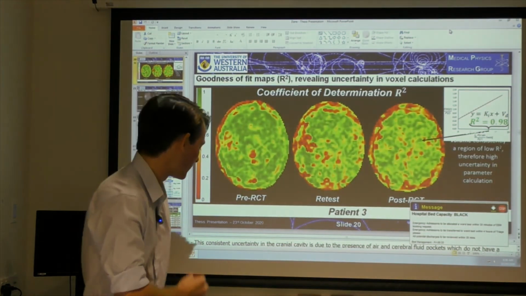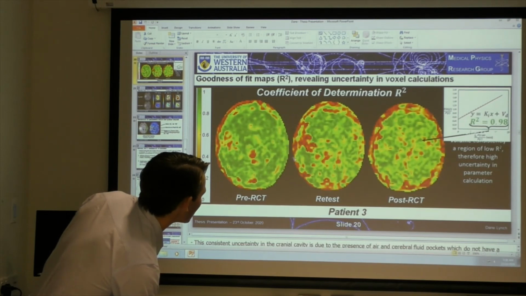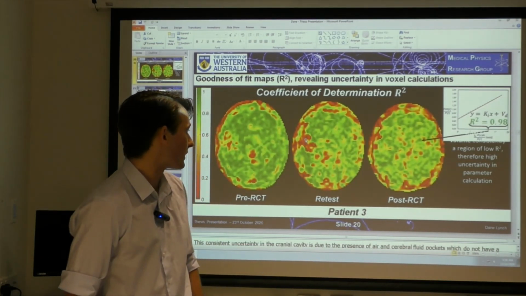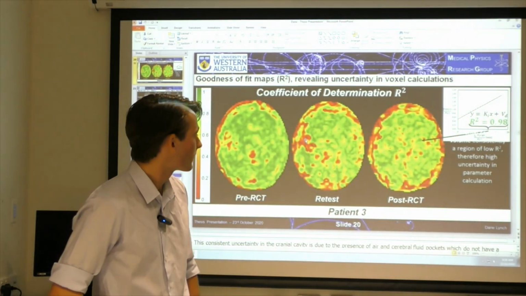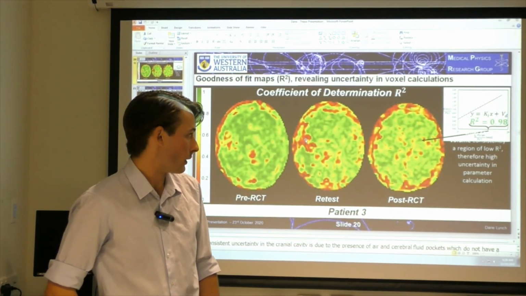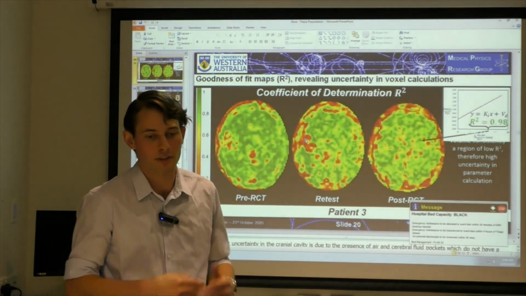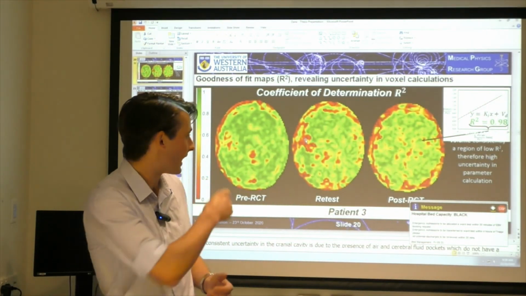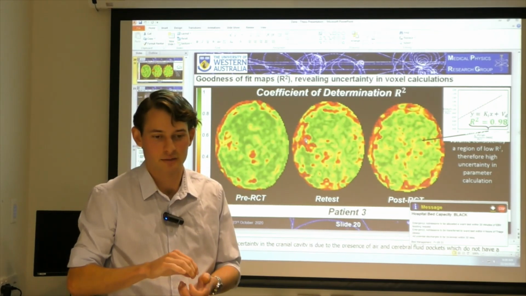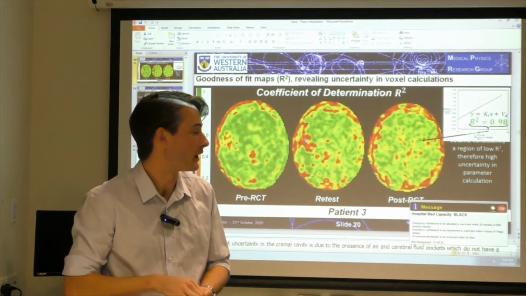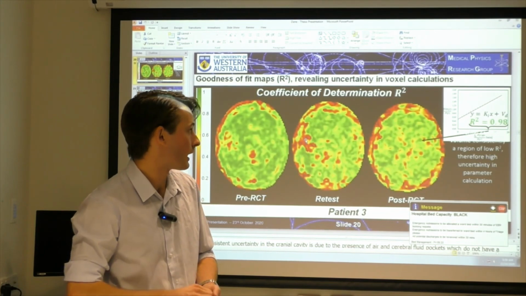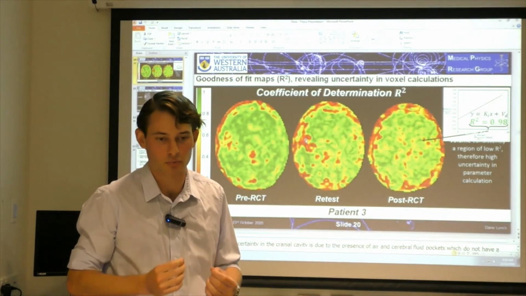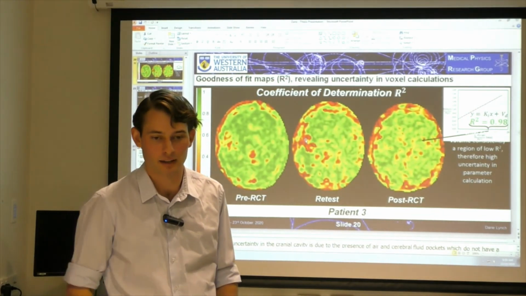And as you can see here, for this particular patient, this is actually the tumour region in patient 3's retest, where there are some regions of high uncertainty, and this is possibly due to the fact that this patient had a very large resection, and that region there has actually been filled in with cerebral fluid. But in terms of relating that exactly to how much it changes the parameter values, I have not calculated that, no.